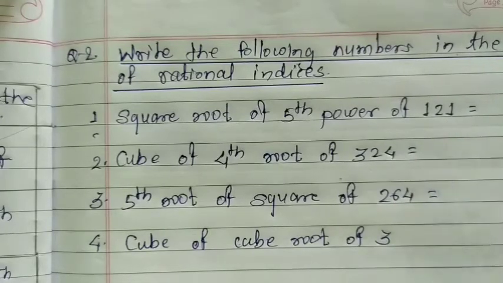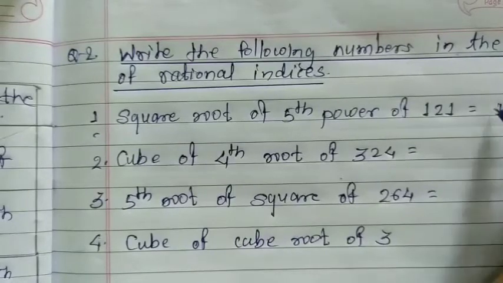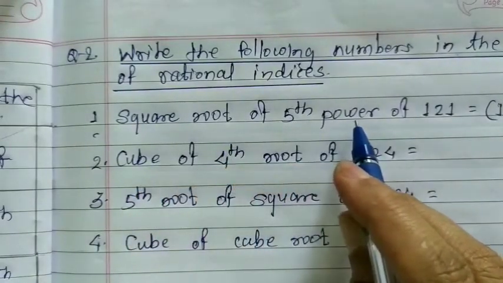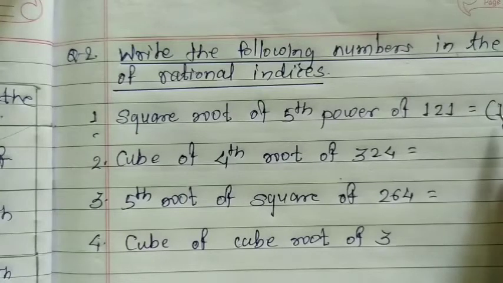The number is 121, and square root of fifth power, hence 5 upon 2. 121 raised to 5 upon 2.